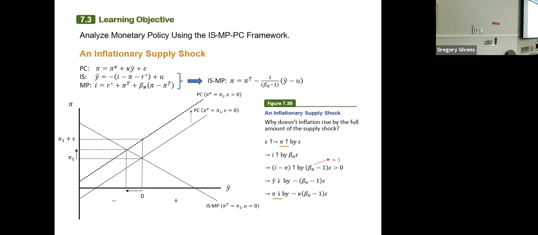And so inflation goes up as a result of the shock, but then comes back down a little bit because the Fed is trying to offset the supply shock, right? And as inflation comes down, the output gap is also not going to fall by the full amount of the shock as well. So we see here that the central bank has been able to at least partially stabilize the economy in response to this adverse supply shock. Does that make sense? Lauren, good job.